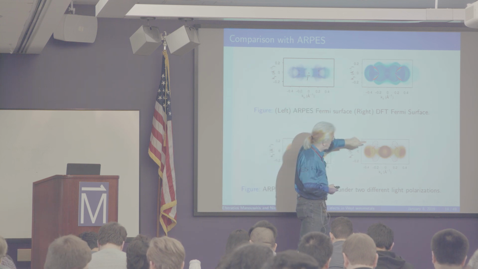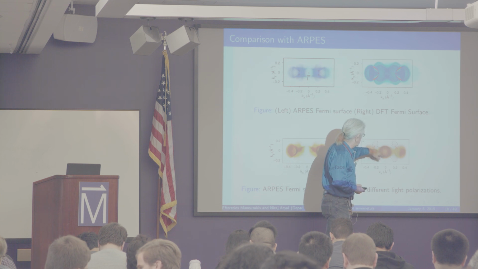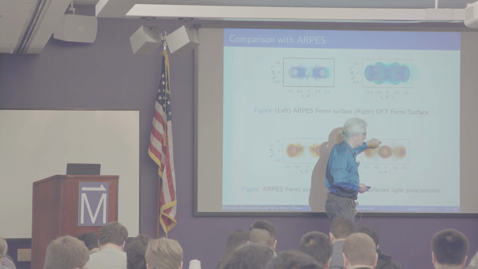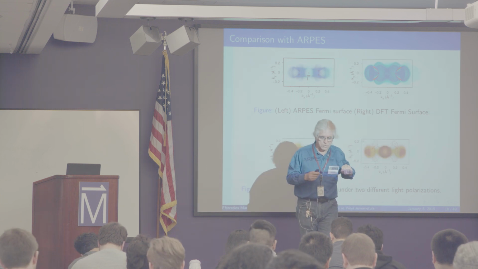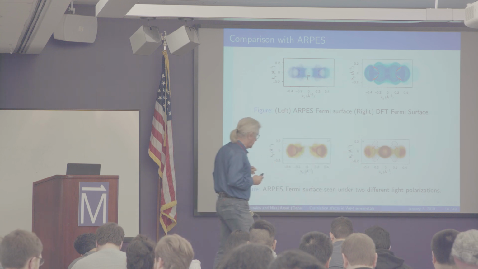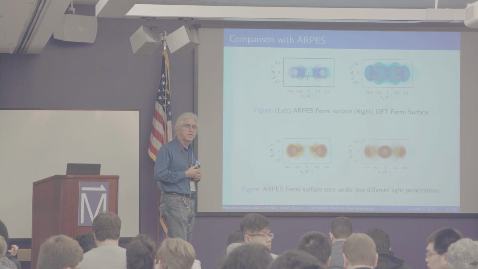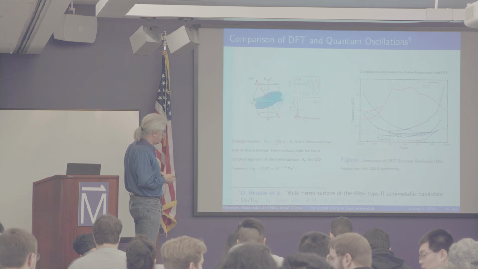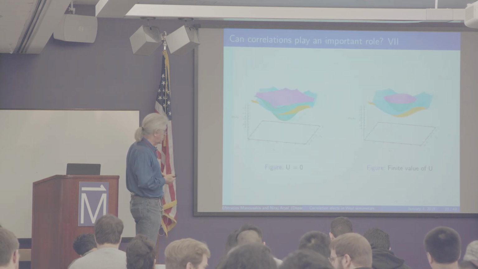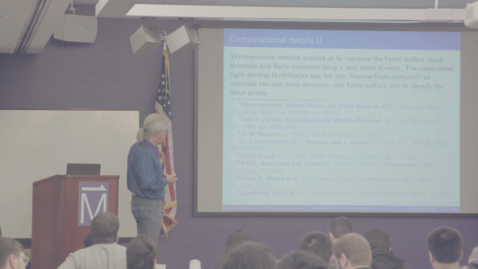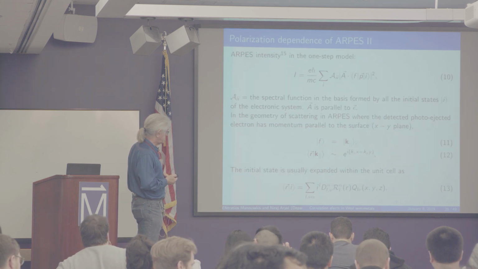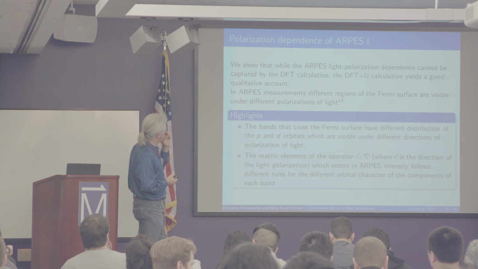It's not bright. Here you have a head, but almost the ears are gone. We had to put these dots by hand to guide your eyes to see the ears. So there seems to be some strong polarization dependence of the ARPES results, and that's what we're going to address right now, this issue of polarization dependence.